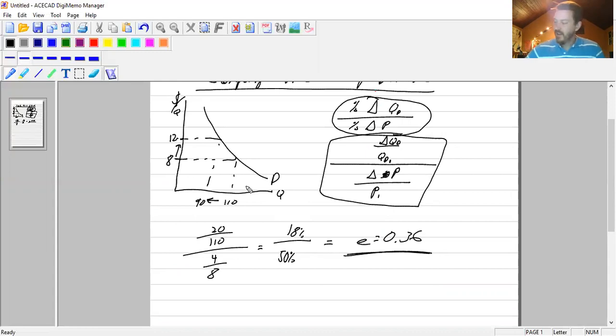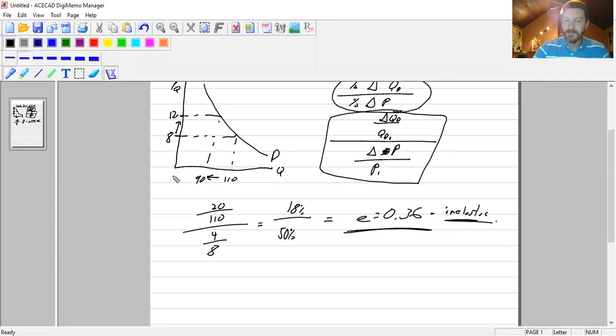In this case, the good that we're depicting is inelastic in demand because the elasticity is less than 1. What we did here is called the initial value formula, because we based the percent change calculations on those initial values of 110 and 8.